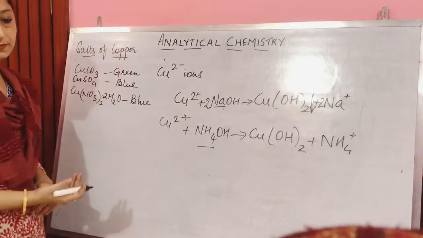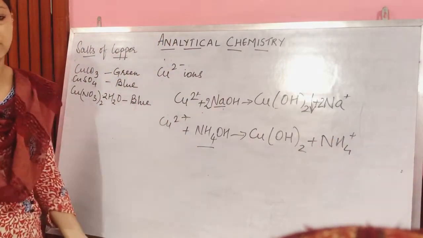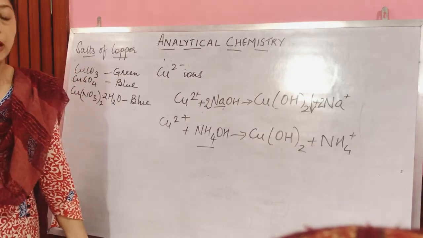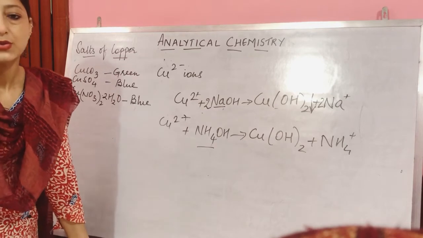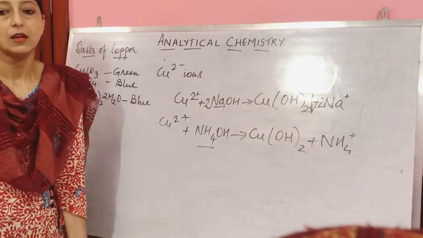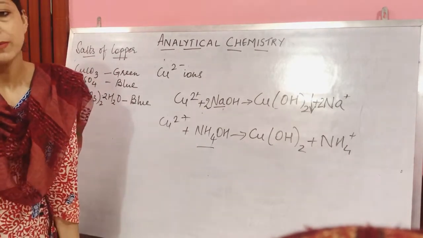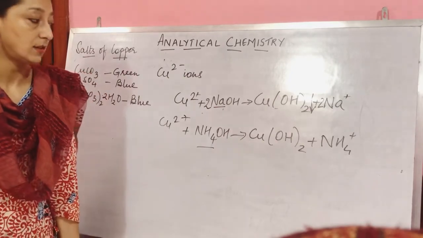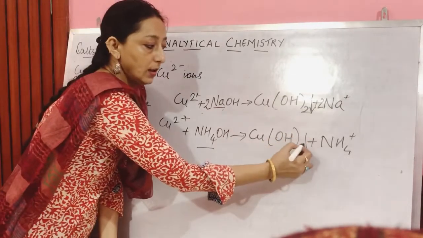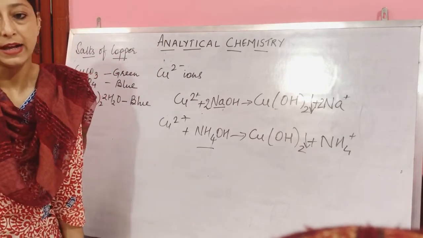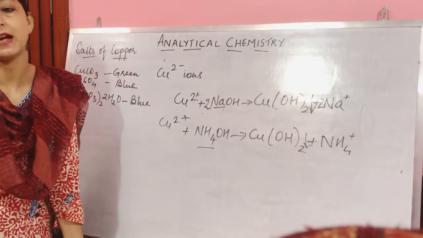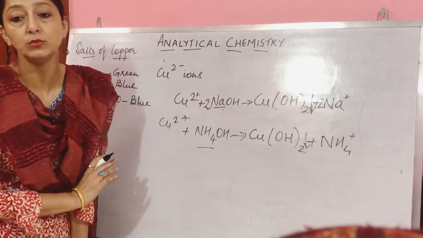Clear? So this was the action of ammonium hydroxide on copper ions. Now when we add excess of ammonium hydroxide, this precipitate becomes soluble, and it forms a complex ion of deep blue color.